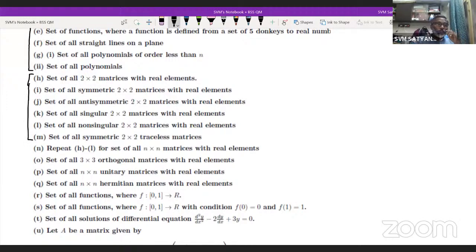In each of these examples, I have shown a different class of vectors. H, I, J, K, L, M are all 2 by 2 matrices, but the sets are different.